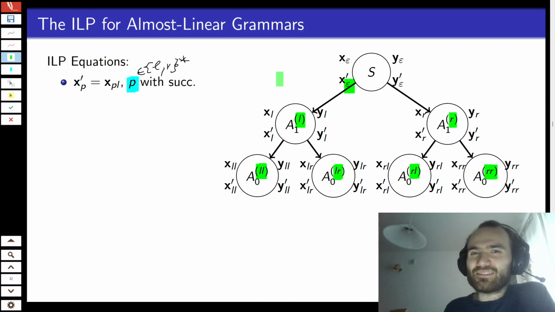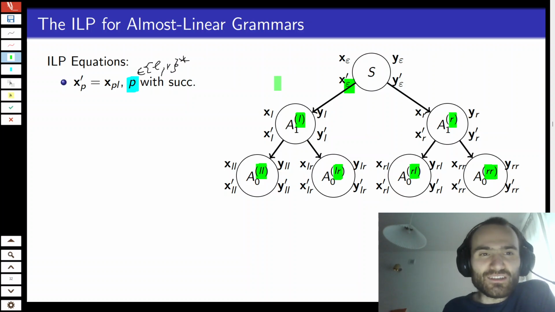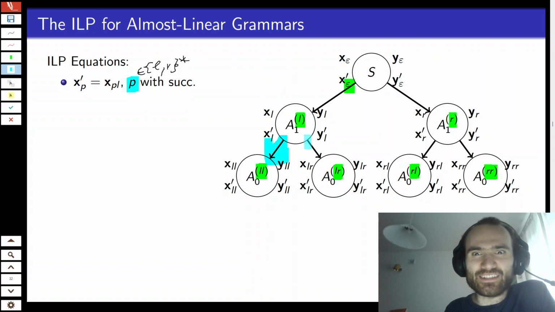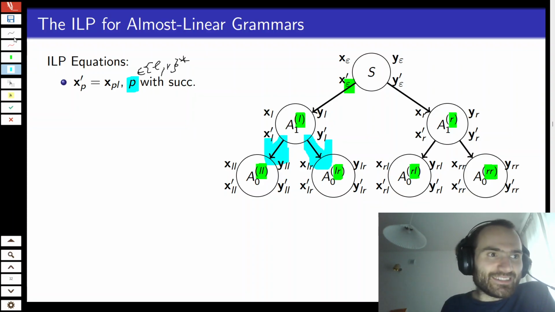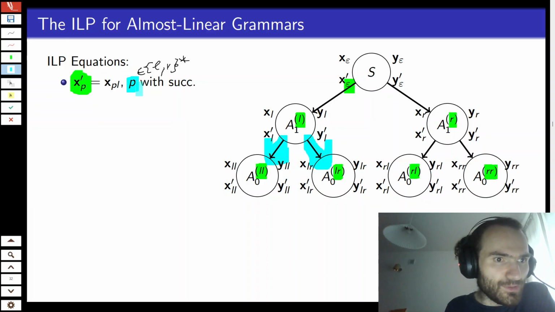And for every position we require some equations. So if you have a position that still has successors, so it still has such an exit, then the rule is that this x_p' here, let's mark this in colors, this here is green and this here is blue. What you want is this green equals this blue.